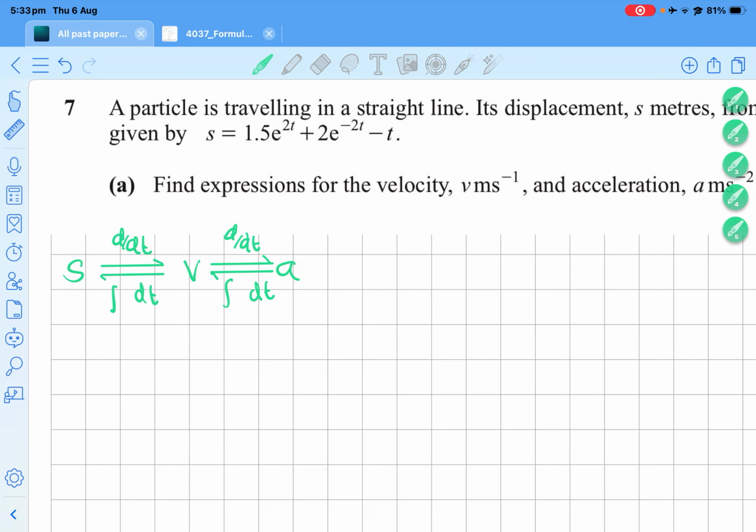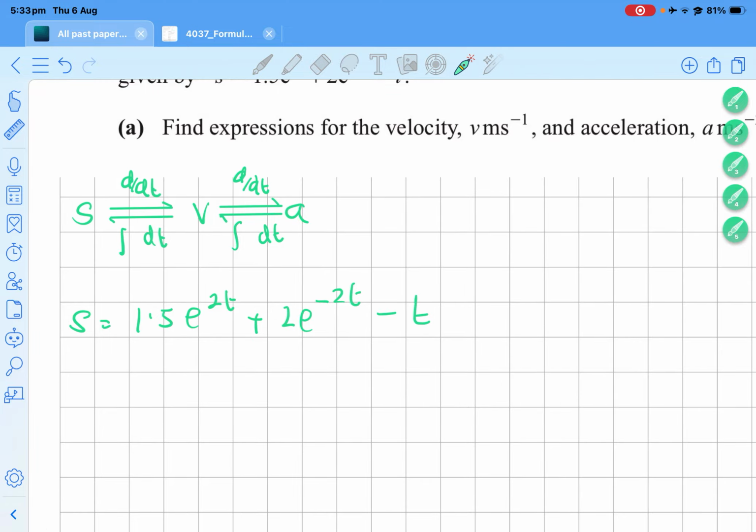So what do we have here? We have that s is equal to 1.5 e to the 2t plus 2 e to the minus 2t minus t. When differentiating, you bring the power down for e, and the power will always remain the same.